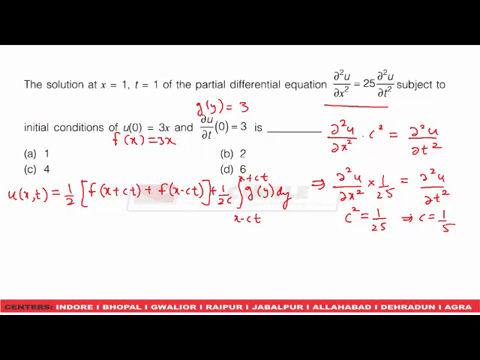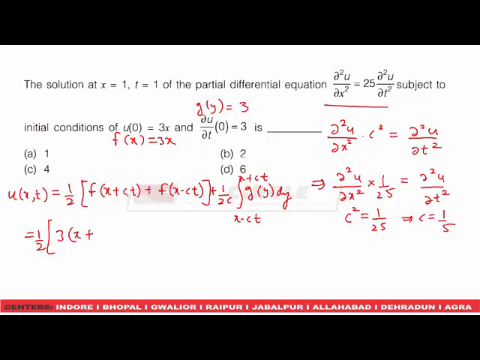So putting the values, we get the function as half of f(x) is 3x. So f of x plus ct will be 3 into x plus ct.